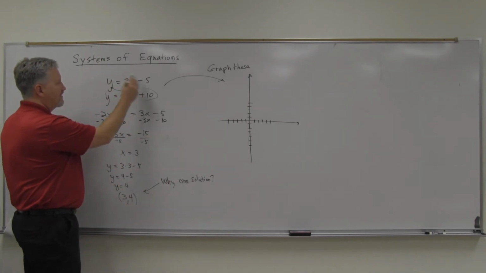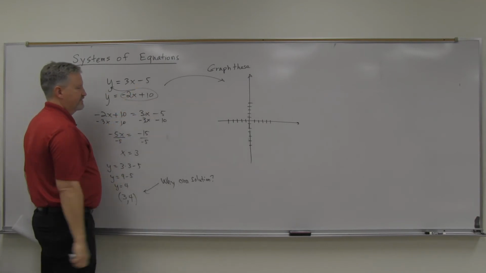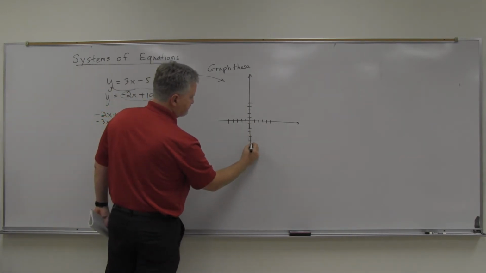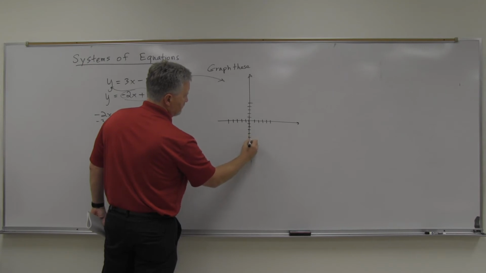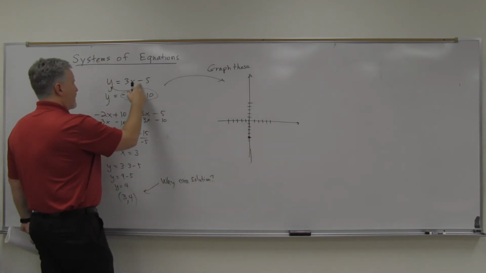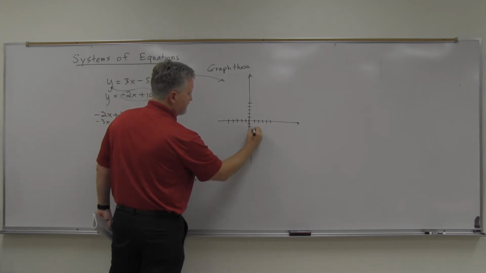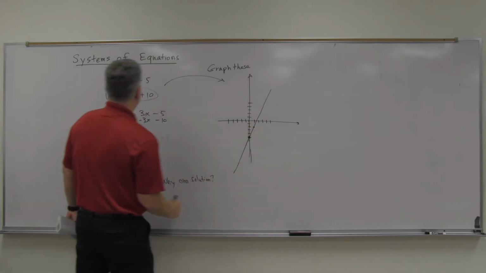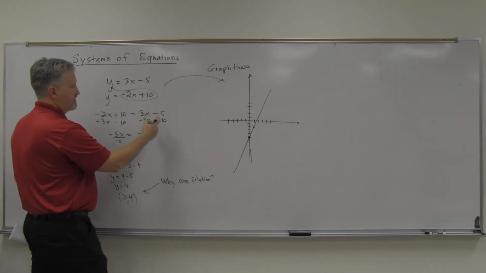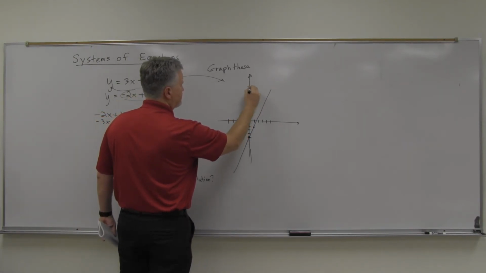All right, so graphing that, however you need to, it's in slope-intercept form. Y-intercept's -5, slope is 3. So up 3, run 1. All right, so something like that. And then y equals -2x plus 10, same thing. Let's see, 5, 6, 7, 8, 10.